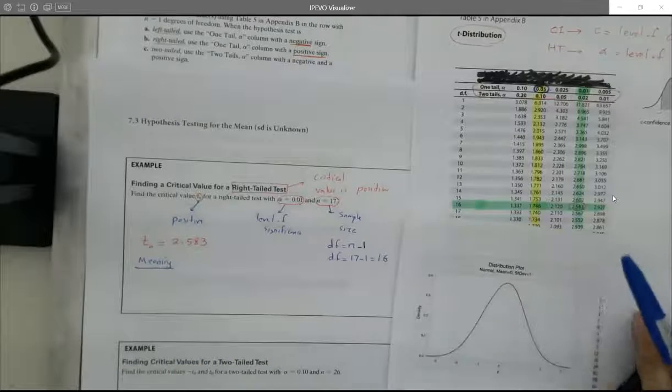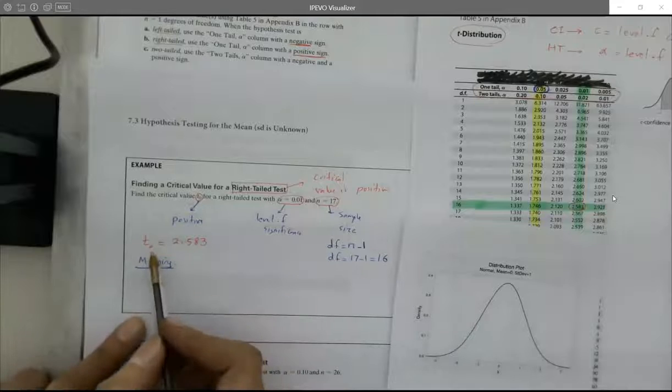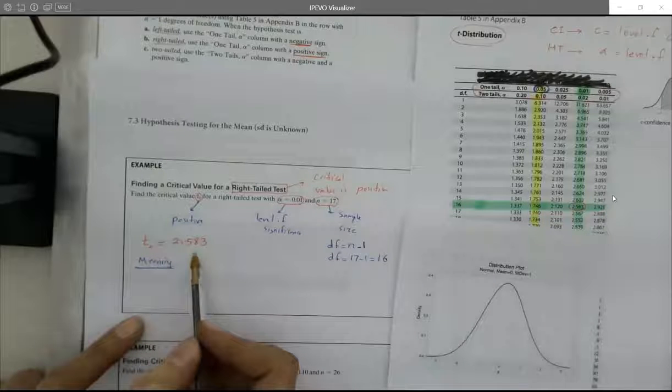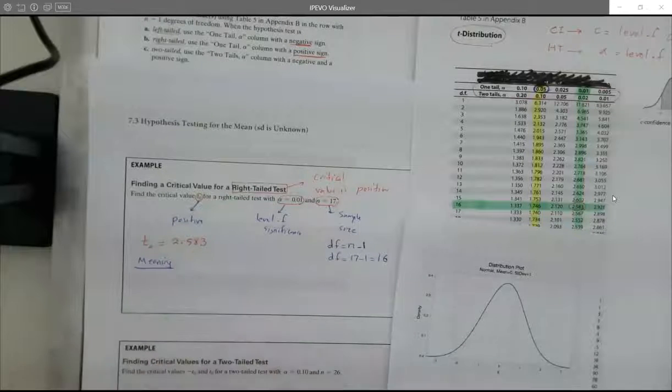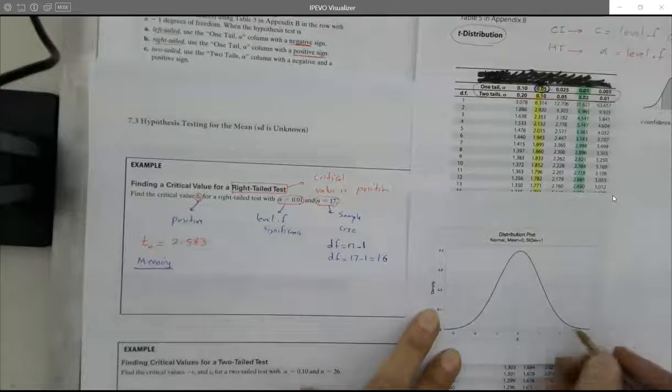It means that this critical value, this number, separates the rejection region from the non-rejection region. So 2.583, which is very close to 3, in the middle, almost in the middle.